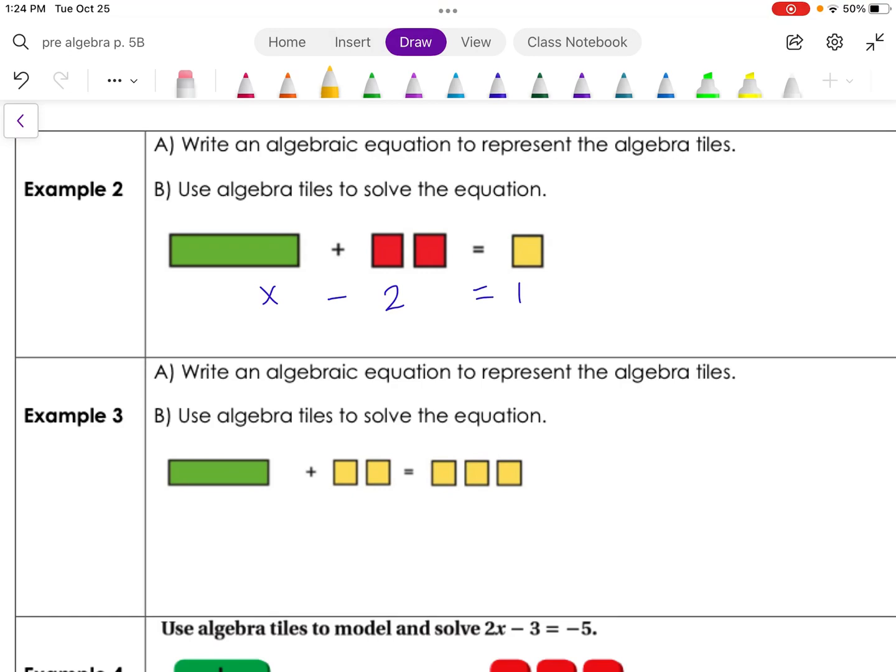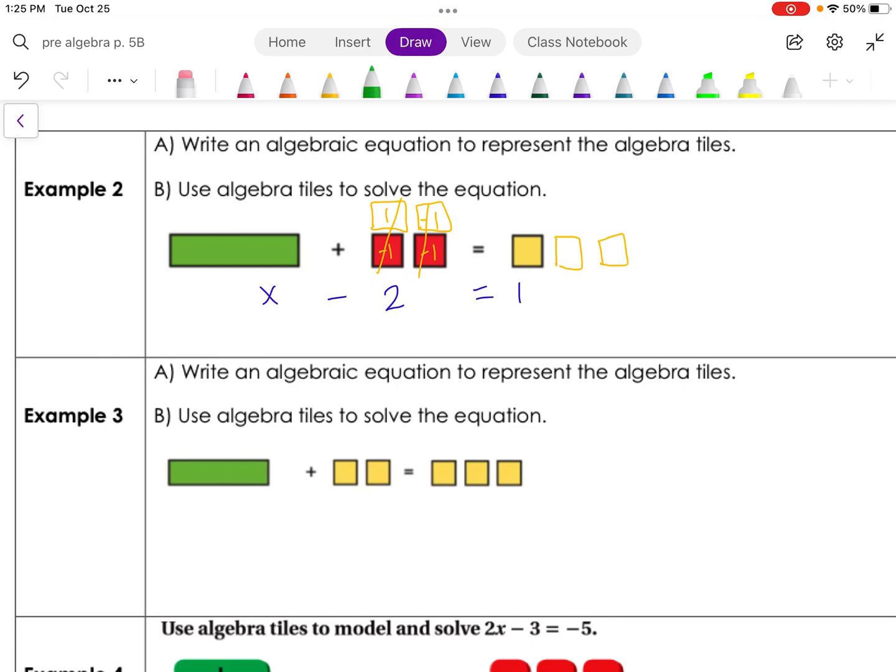So if I've got 2 negatives, okay, in order to cancel those out, I would need a positive. Right? 1 positive and 1 negative cancel each other out. So since I have 2 negatives, I need 2 positives. And then anything I do on one side, I have to do on the other. So since I added 2 positives on the left, I have to add 2 positives on the right.